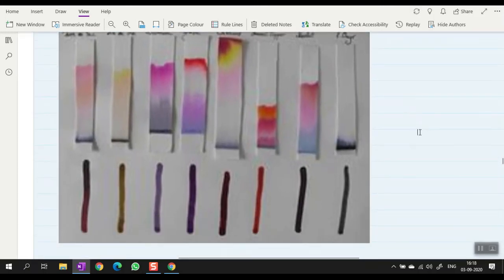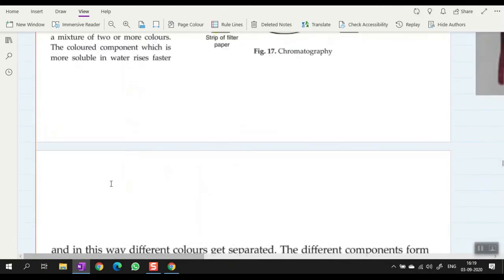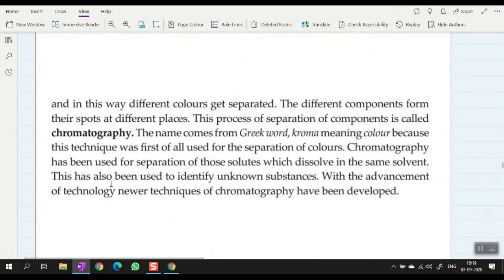So as you can see, different ink colors, different sketch pen colors, on doing chromatography on them, they get separated into different colors of dyes as water rises up in this chromatography paper. Not like a spot exactly. So this process of separation of components is known as chromatography.